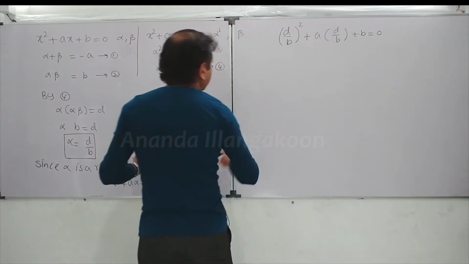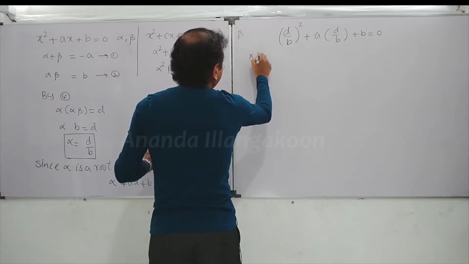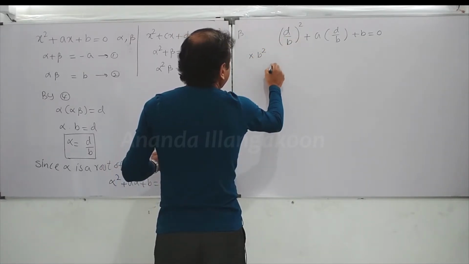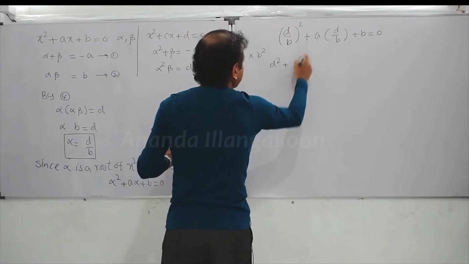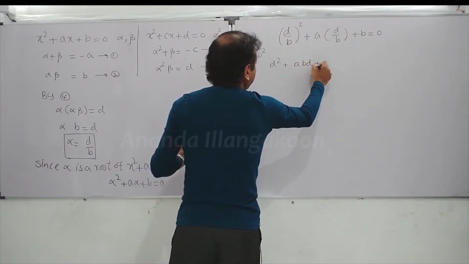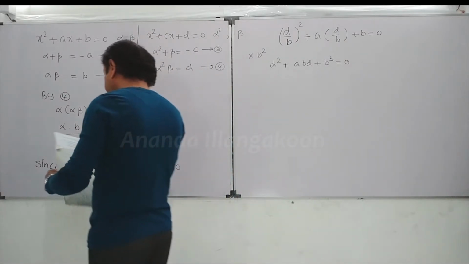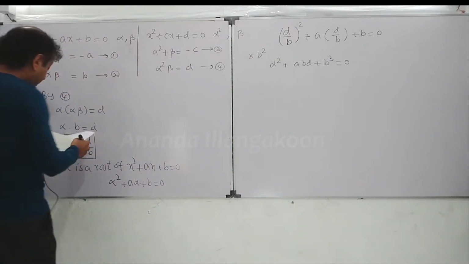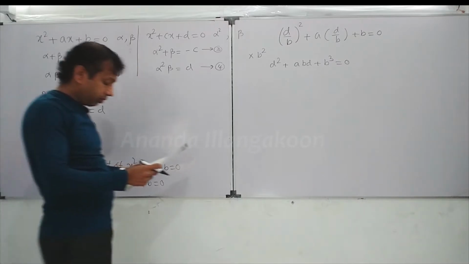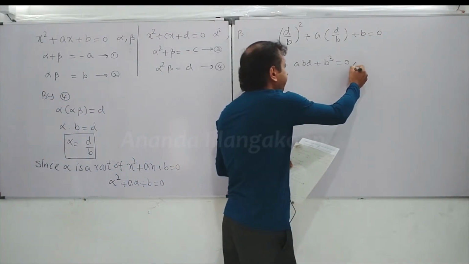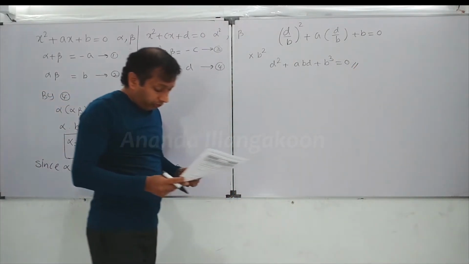Now by multiplying by b squared, this will be d squared plus abd plus b cubed equals 0. That is how we get the first answer, right?